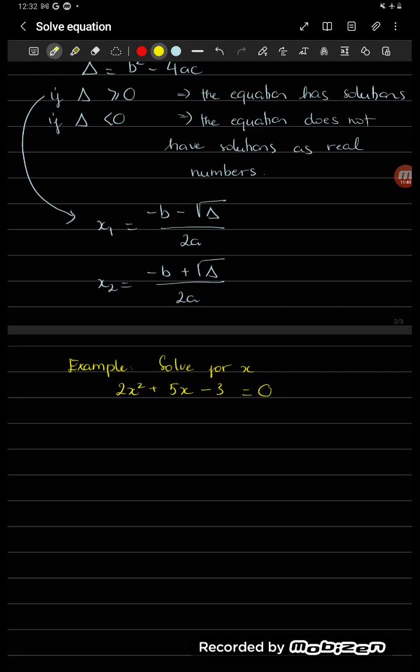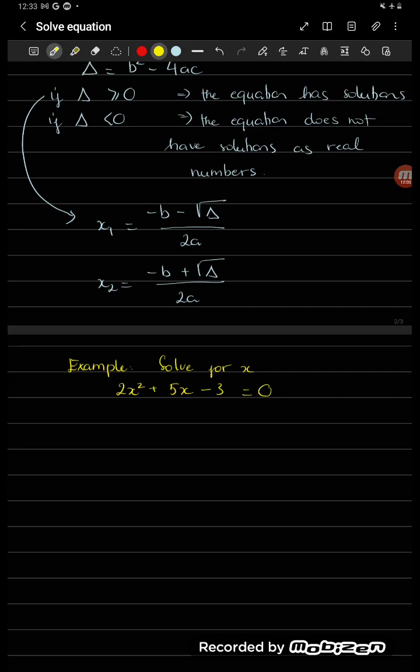The case 2 also covers case 1. In case you don't want to do factorization, you can go right away with the delta formula.